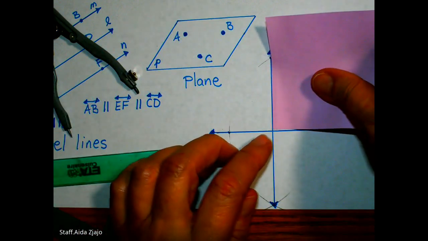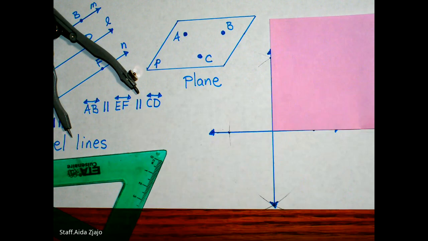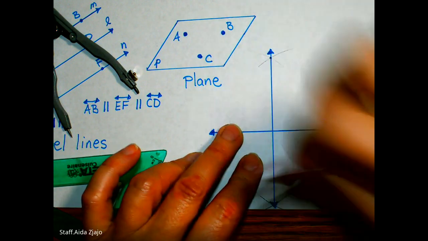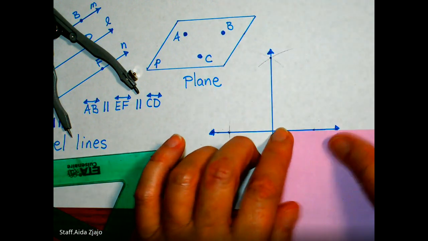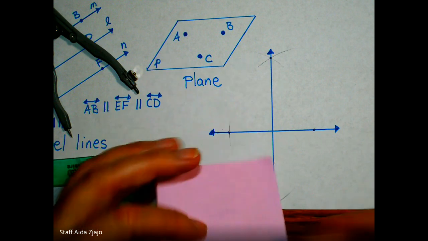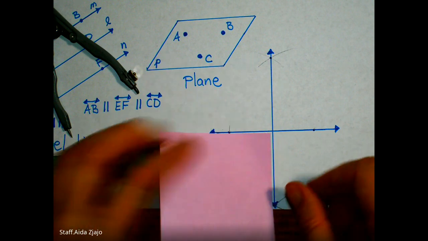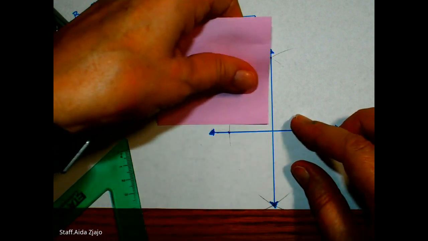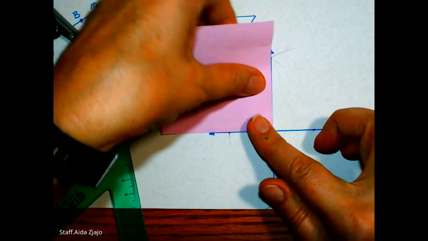Here is one right angle, here is another, there is a third, and the fourth right angle that I created.